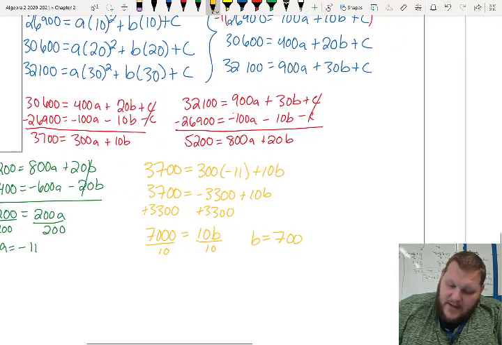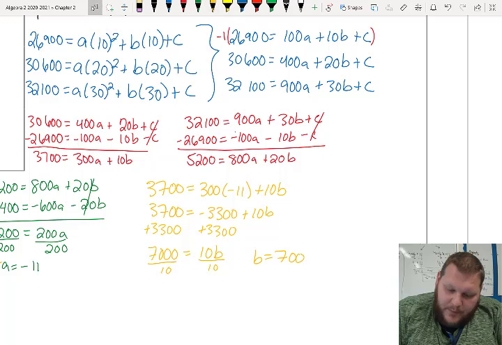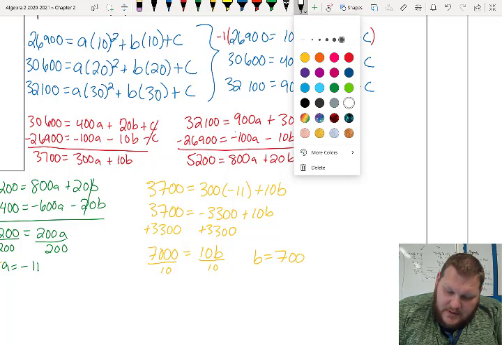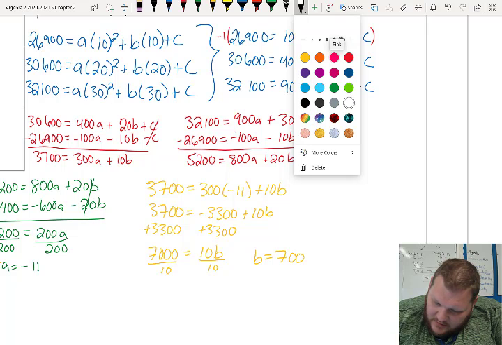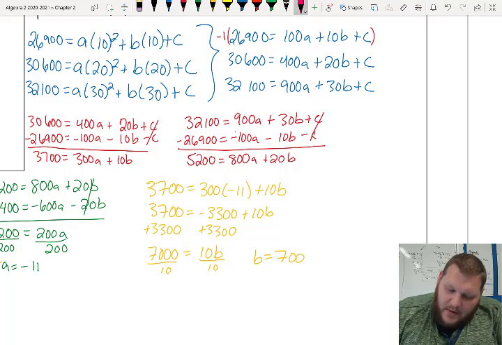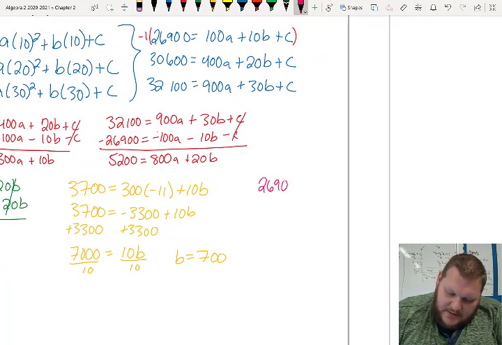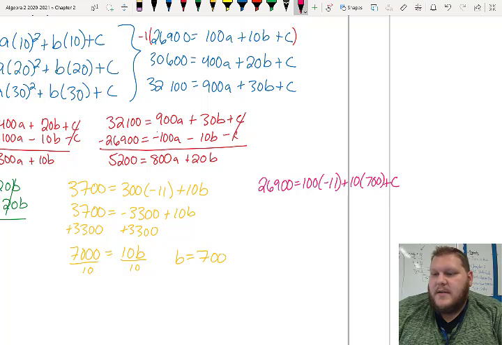So when I do that, I'm going to go all the way back up to my original equation, because that's the simplest one we have. Let's do this in pink. 26,900 equals 100 times negative 11 plus 10 times 700 plus C is the equation I'm trying to solve.